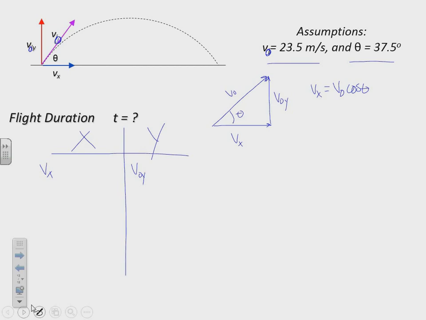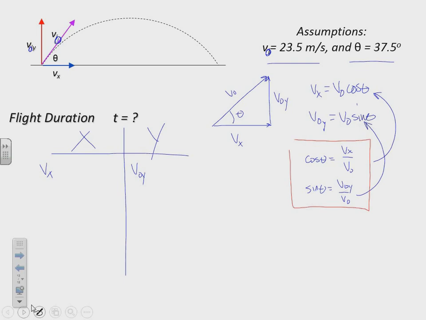If that's completely foreign to you, then you need to go back and look over vector component stuff, all right? Or just say, wait, where does that come from? Well, cosine of theta is adjacent over hypotenuse, and therefore, yep, that's true. Sine of theta is opposite over hypotenuse, and therefore, yep, that's true. I wouldn't be writing all this stuff down, by the way. What you really need to be able to do is not recreate the wheel every time.